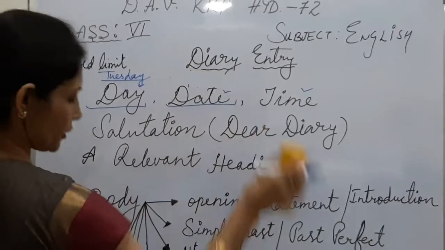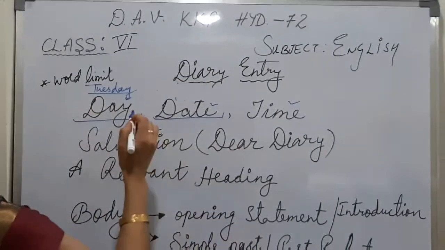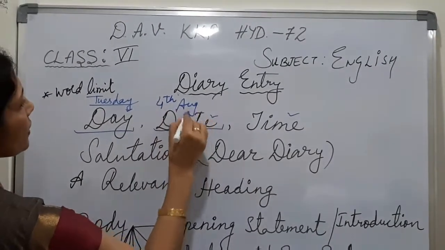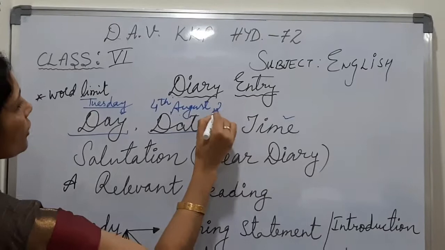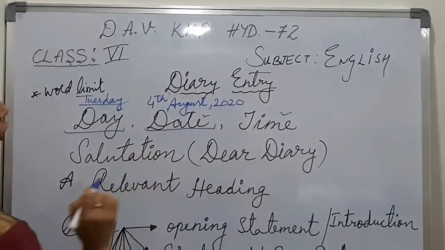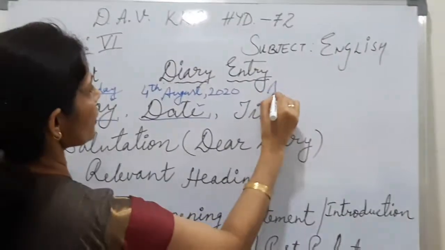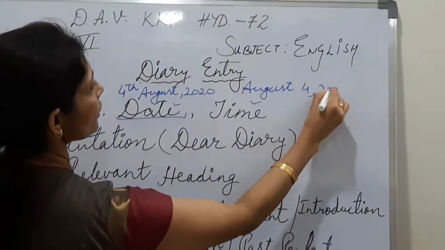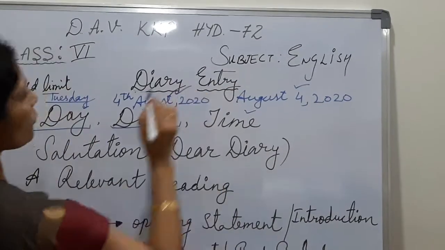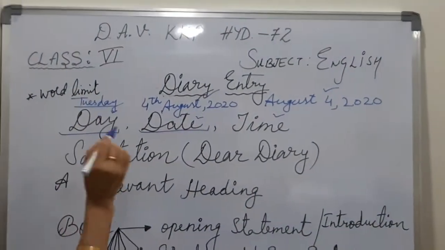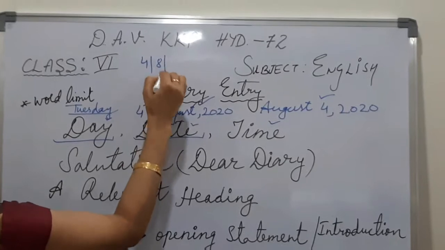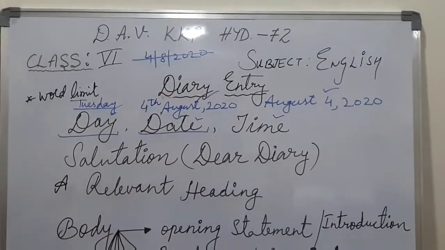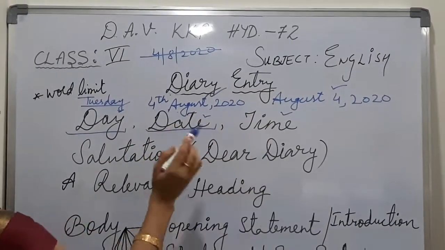In the word format, today is Tuesday, so I am writing here 4th August, 2020. Or in another way you can write August 4, 2020. So these two formats are acceptable. And if you are writing like this, 4/8/2020, this is not acceptable in English. So always follow this word format.